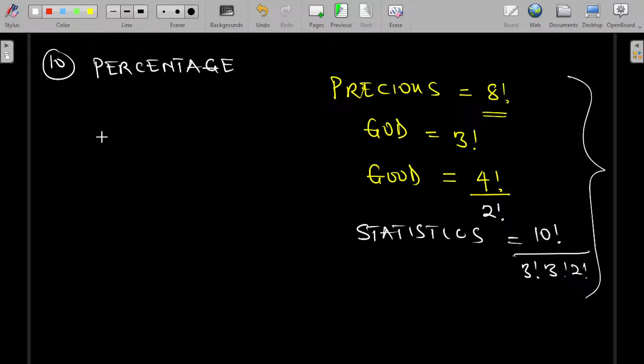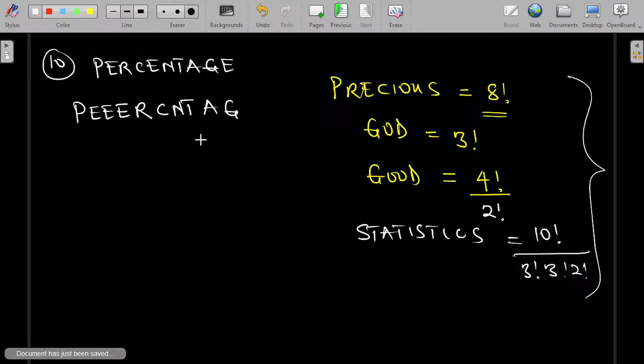Let me give you an instance of what that means. You can have something like P, E, E, E. That's the 3 E's together. Then R will now come, then C will come, N will come, T will come, A and G. So this is one arrangement that will satisfy the condition we are given in this question.